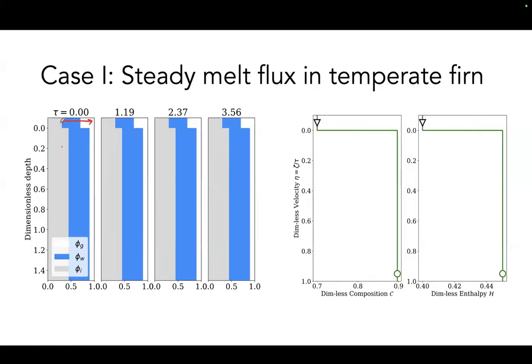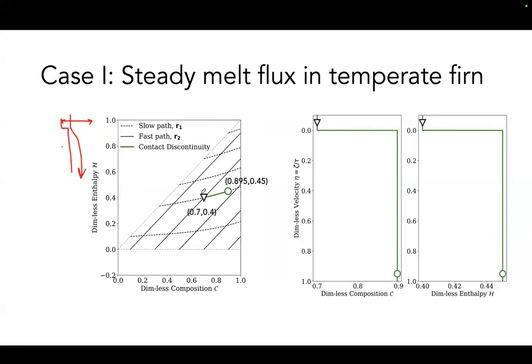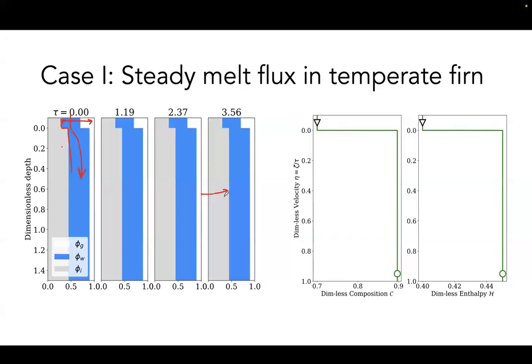So all that's happening is you have a Firn, and on the Firn there is a change in porosity, but there is no change in meltwater flux. So the water is just steadily going from top to bottom. So that's what this curve is representing. You are changing the porosity, but you're not changing the meltwater flux. So this is the solution, and it's a very simple case of a contact discontinuity.